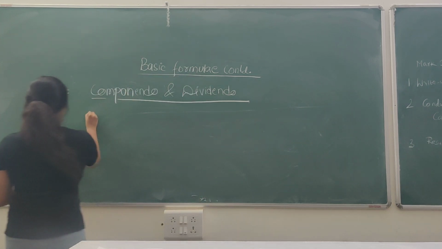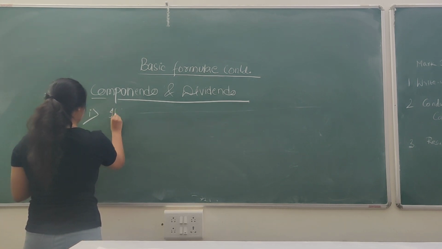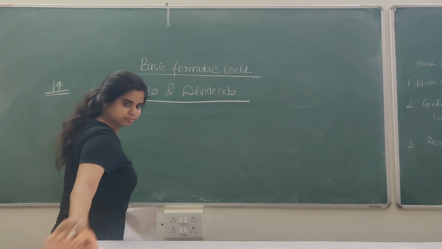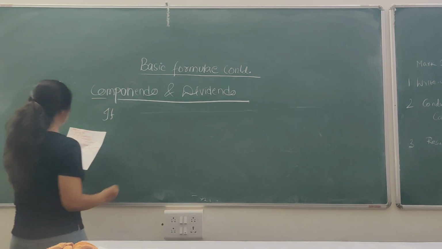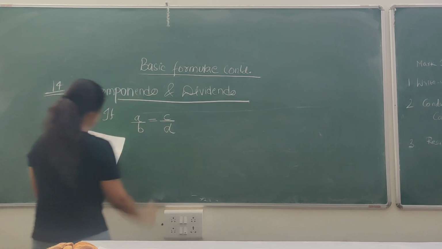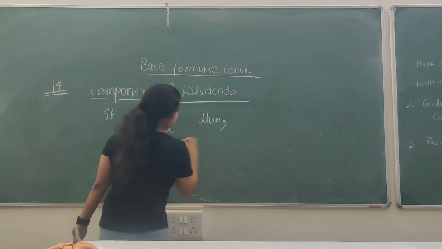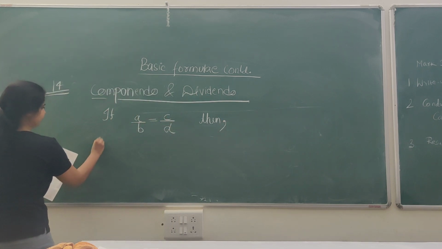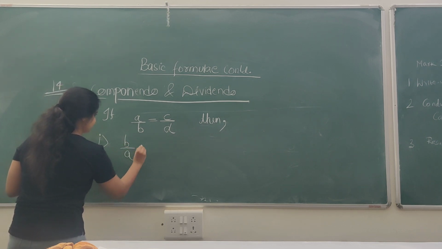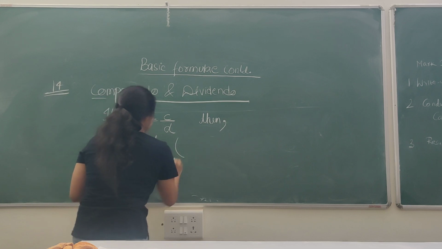Under this we can write the first one. If A by B is equal to C by D, then the first one says that B by A is equal to D by C. What do we call this?